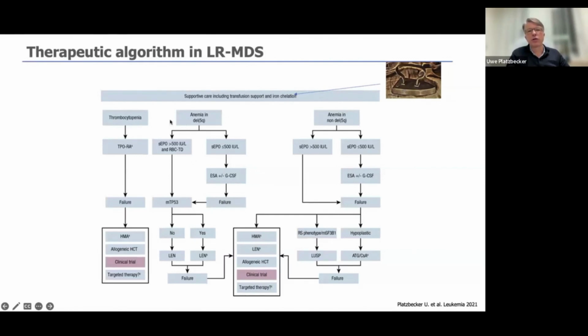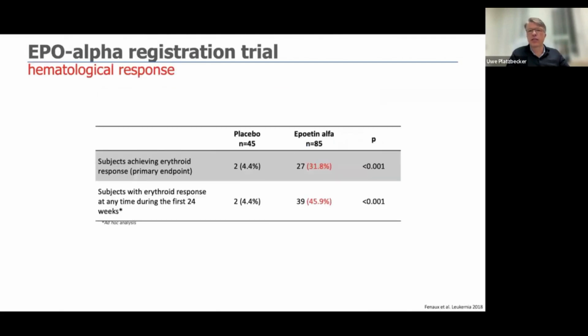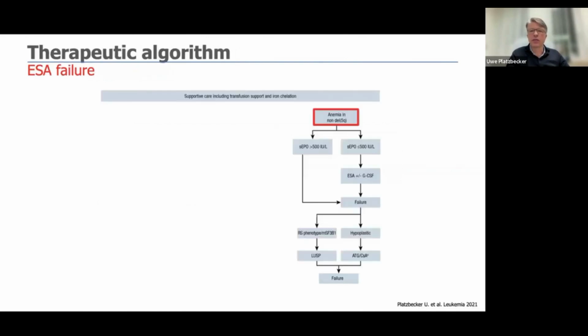And this is about low-risk MDS and therapy. I will not talk about thrombocytopenia, nor del(5q) MDS, but will predominantly focus on patients with anemia and non-del(5q) disease, where EPO or ESA is still considered first-line therapy for the majority of the cases, and stratification, of course, is made by the endogenous EPO level. This is data from the pivotal phase 3 trial, and the response rates are less than 50%, and in this trial patients with an EPO level of less than 200 were the only ones responding.